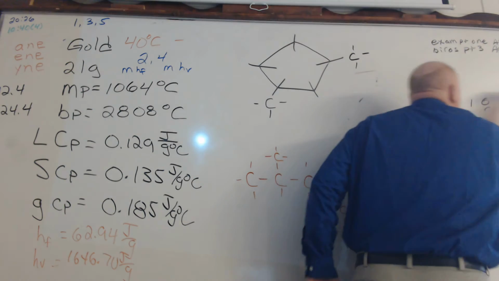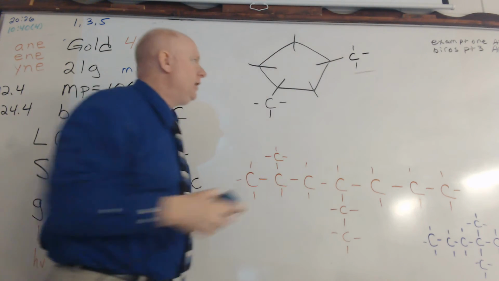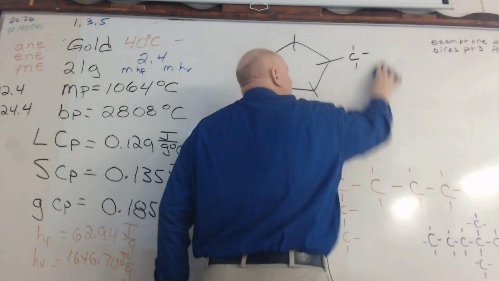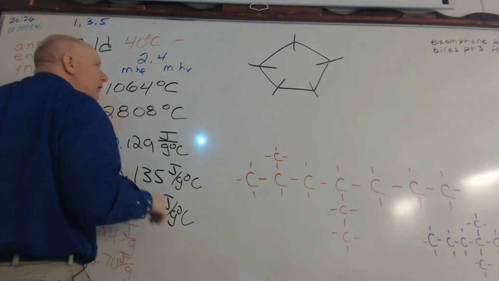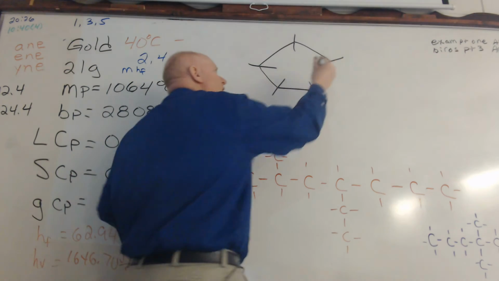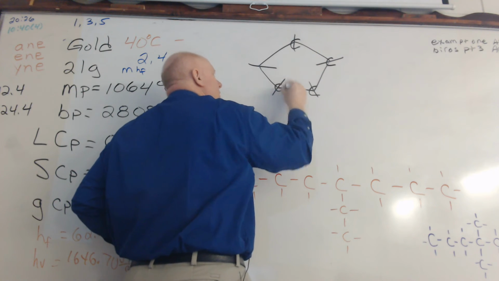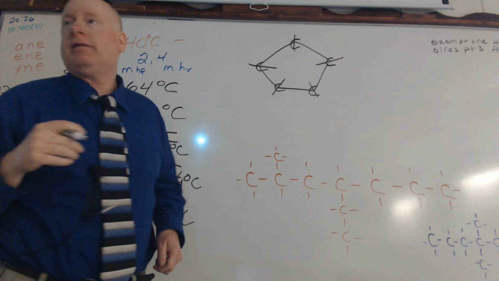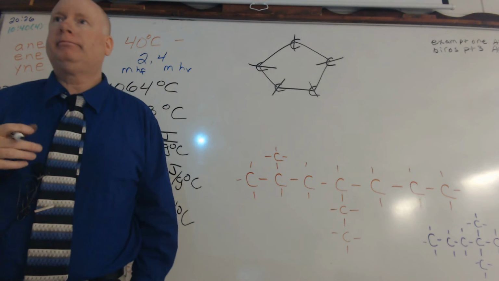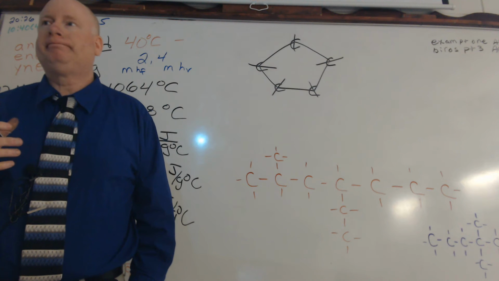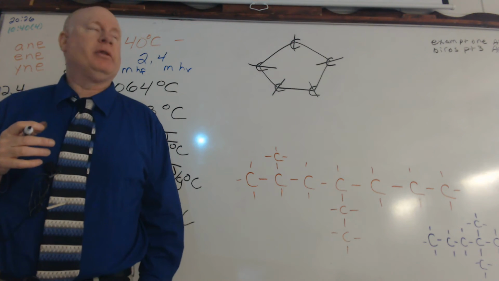So now, if you had to name this structure right here, well, let's build upon what's actually there. If this was your compound right now, again, where these lines intersect, there is a carbon atom. So how many sides does this have? You can look at it that way, or you can count the number of carbons on there.